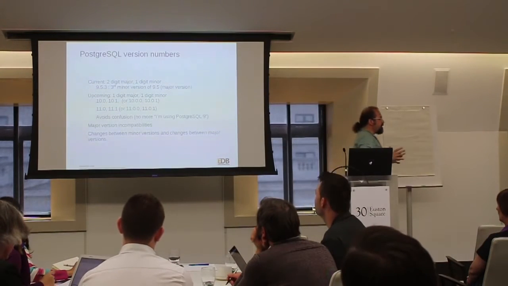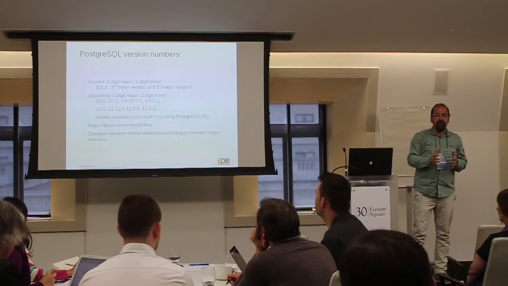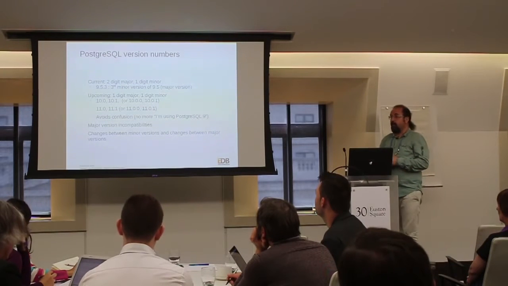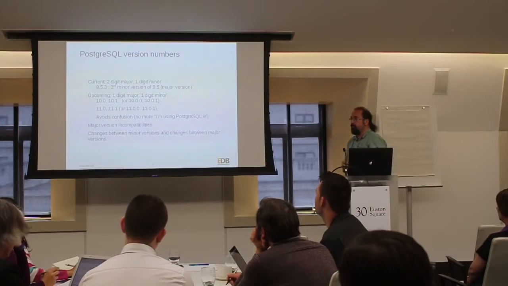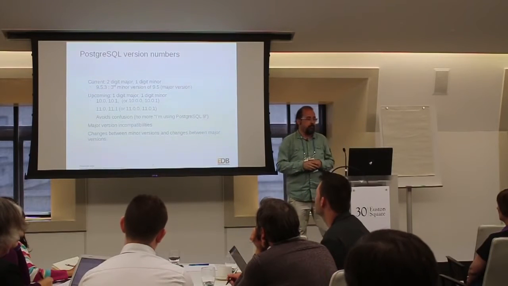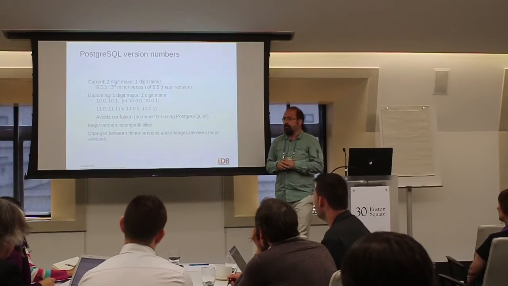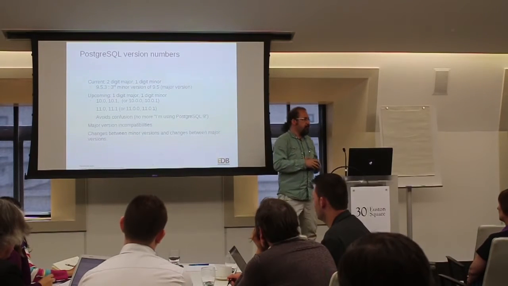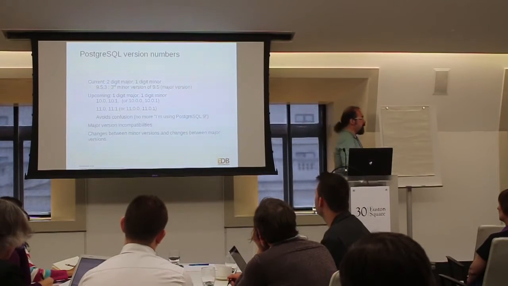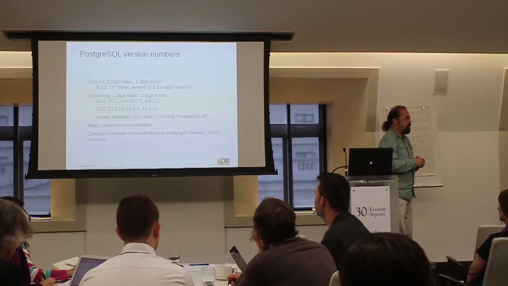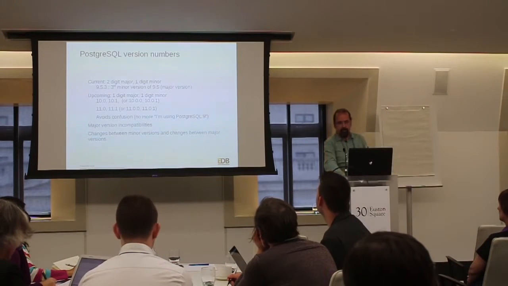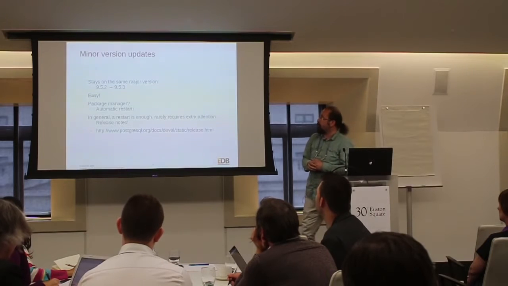So what changes between the major versions? We introduce, again, new features, of course, and the incompatibilities as well. This is what this talk is about. So what about the changes between minor versions? We just fix the bugs or data loss issues, security issues. So let's talk about minor version updates first.